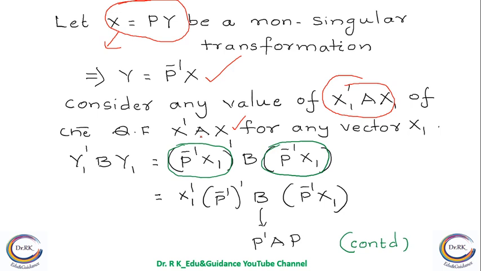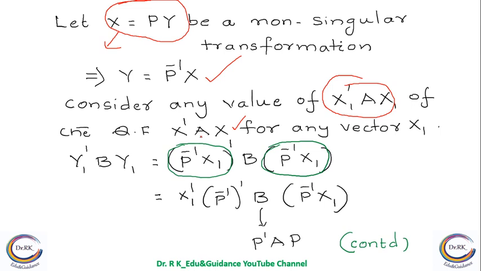Similarly, we will take y1 transpose B y1 from the second quadratic form, right? That means we are taking one value from the first quadratic form, one value from the second quadratic form, and we will try to prove both are the same. Both are the same means the range of values that the two quadratic forms take are one and the same.